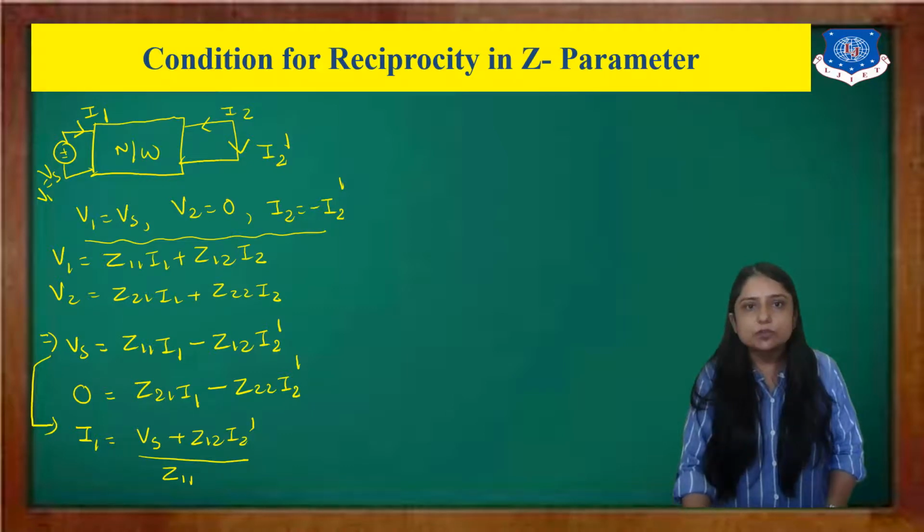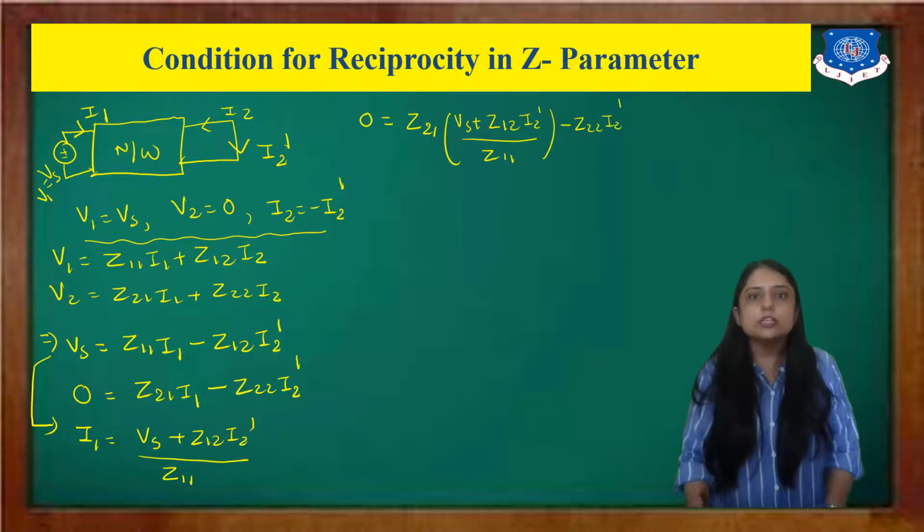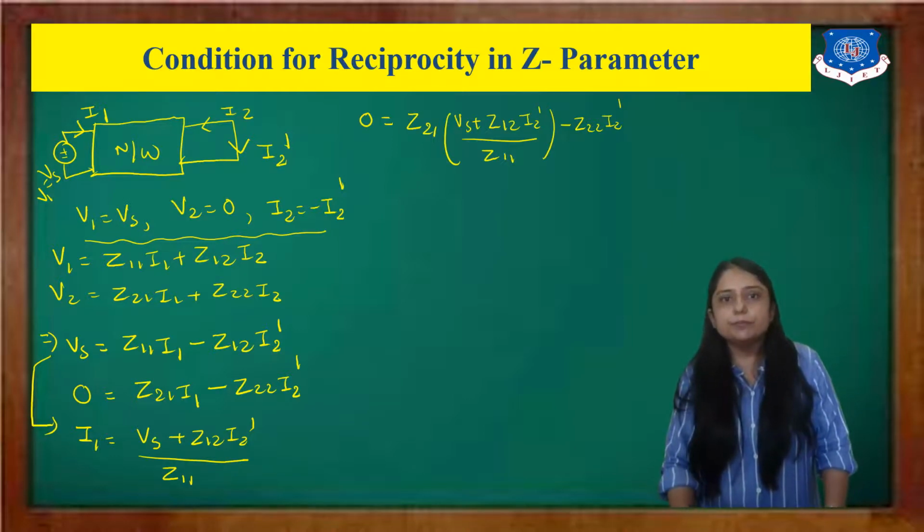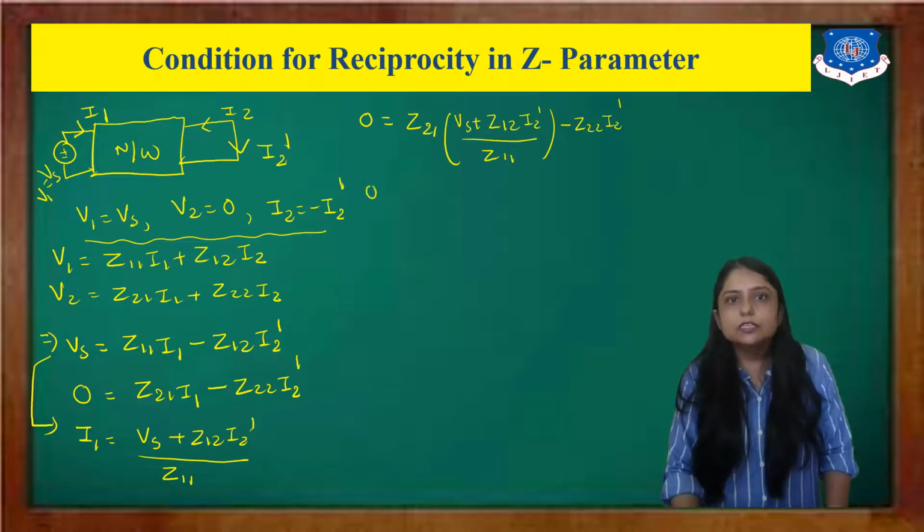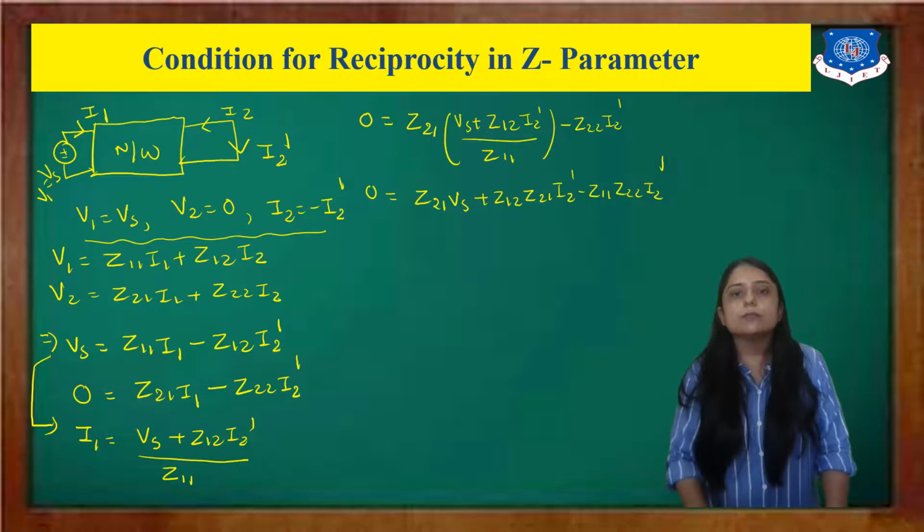In the second equation, 0 equal to Z21, and in place of I1 we substitute Vs plus Z12 I2 dash upon Z11, minus Z22 I2 dash. Just take the LCM. So we get 0 equal to Z21 into Vs plus Z12 Z21 I2 dash minus Z11 Z22 I2 dash.